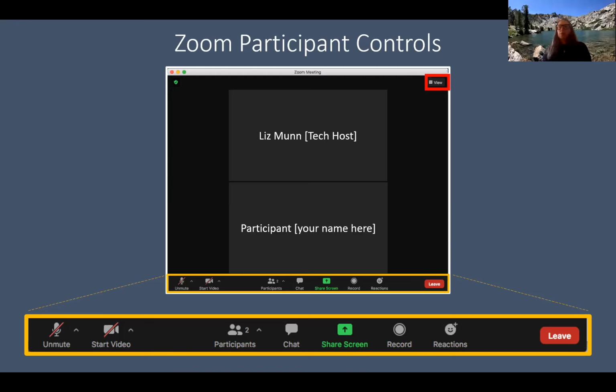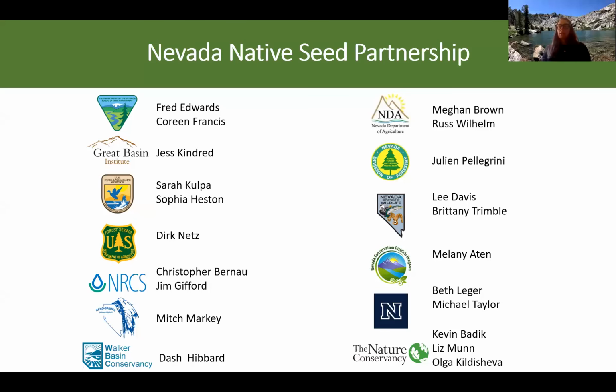I'm going to go over a little bit of the background of the Nevada Native Seed Partnership. Our partnership is of state, federal, and NGO agencies that share the same vision: to keep Nevada's lands diverse and functioning by using the right seed in the right place at the right time. We are working to accomplish our mission of partnerships helping to increase the availability of genetically appropriate seed and to restore diverse plant communities and sustainable landscapes.